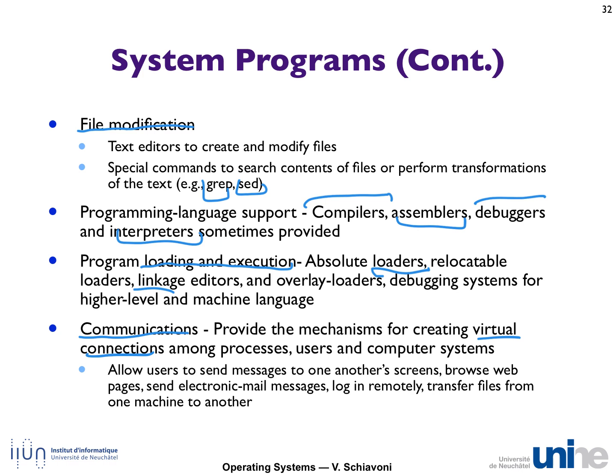Or, for instance, to send messages from one screen to another, or even, of course, to send emails, or to log into a given machine remotely, such as the SSH command that some of you might know, or to transfer files from one machine to another in a secure manner, for instance, using the system program SCP. So there are many.